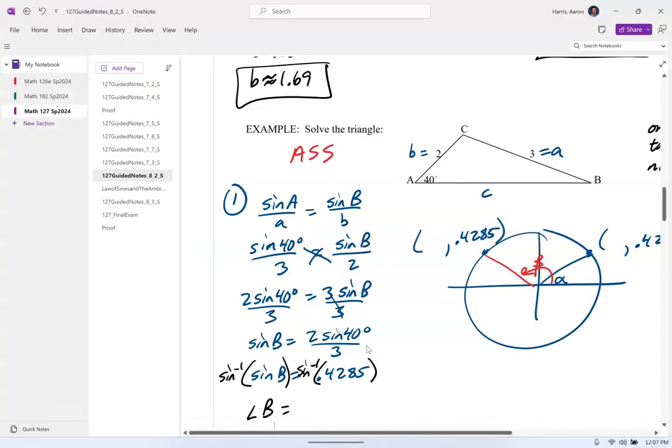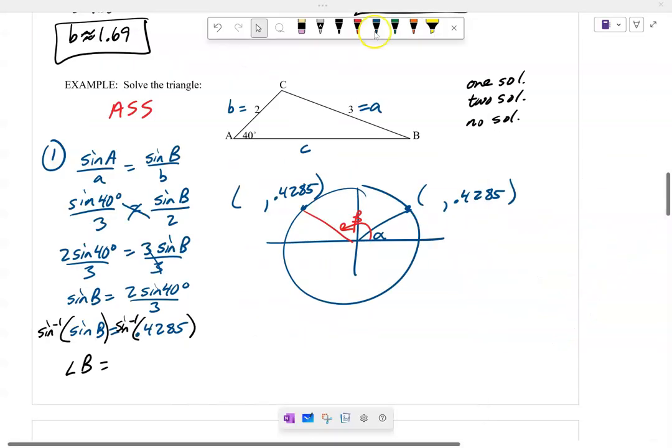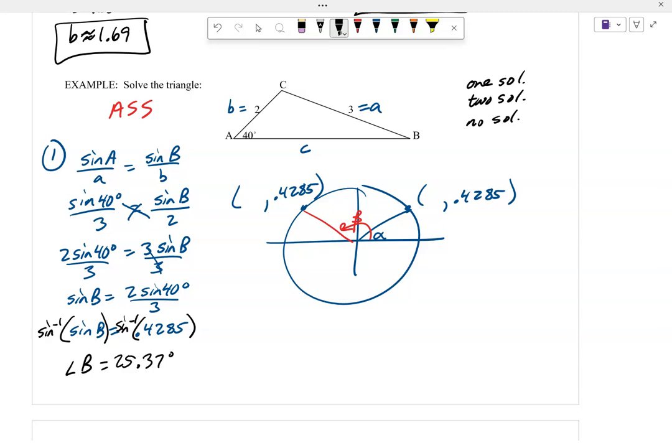Let me go back to this. Let's see. So 25.37 degrees if I round that. So that's my alpha, right? Is 25.37. Now the reason I bring this up is there's a possible, could it also be beta, right?